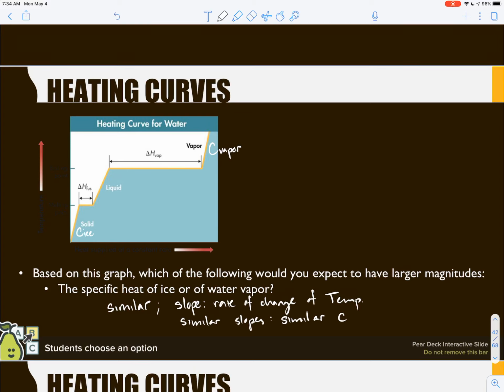I've actually never really thought about this before, but you know Q equals MCAT. Slope is rise over run. The rise is delta T. The run is Q. Anyways, I shouldn't be doing this for the first time right now.